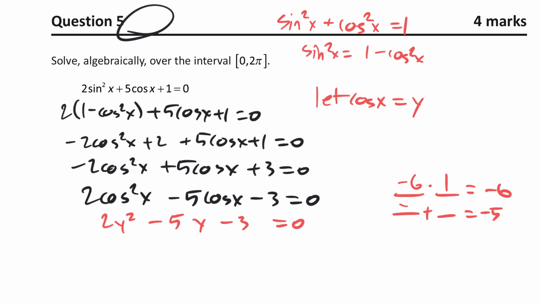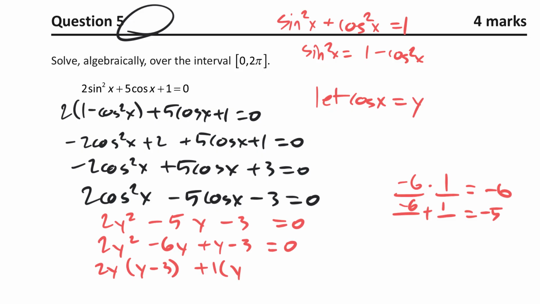Yeah, that will multiply and that will add. Sweet. So 2y squared minus 6y plus y minus 3. So 2y is going to be y minus 3 when we factor it out. Here we just have a 1 as our placeholder to factor out. So (y minus 3)(2y plus 1) equals 0.